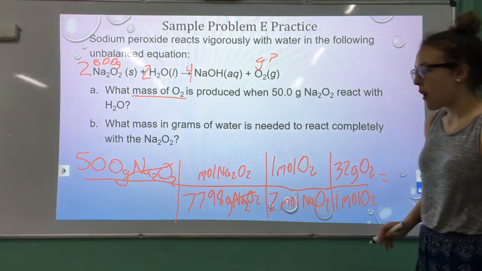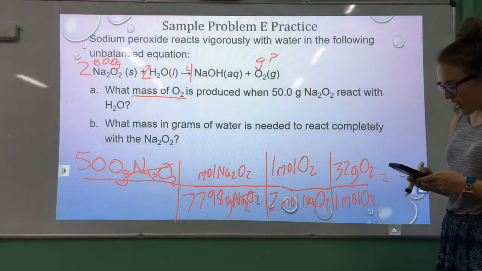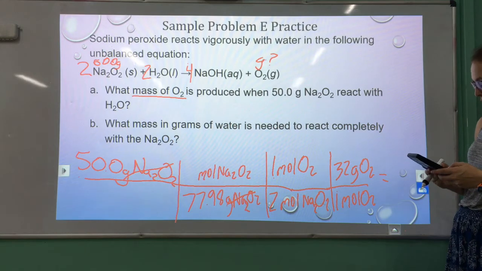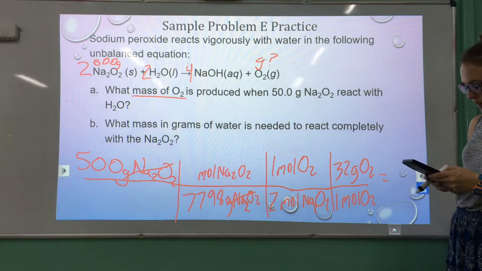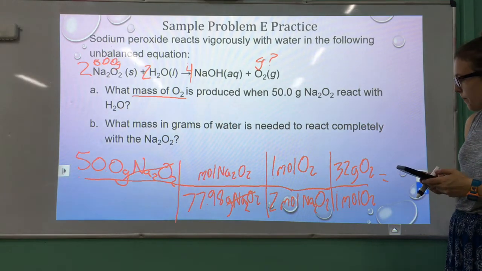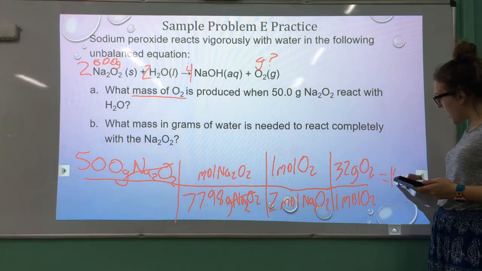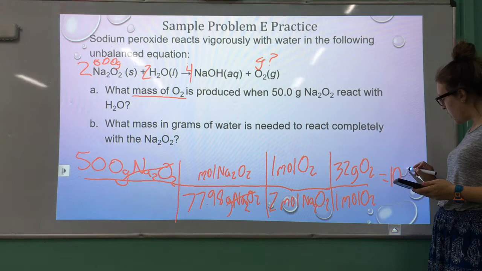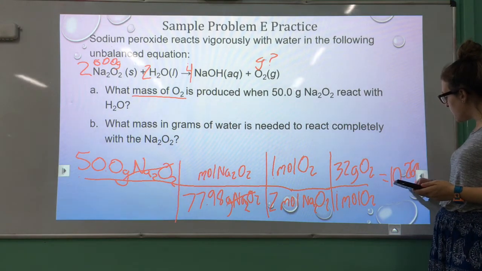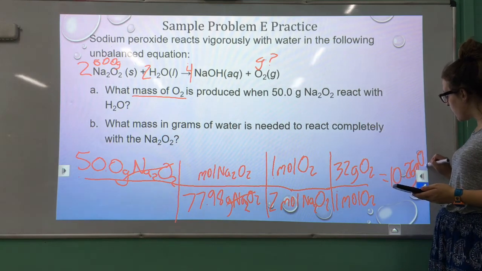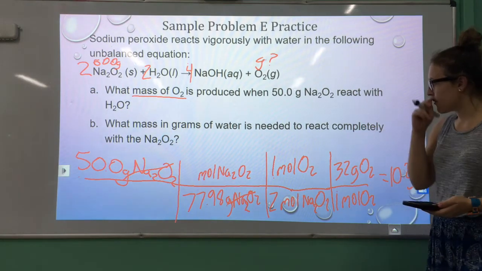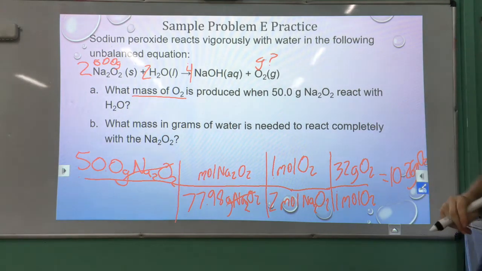And then when we calculate this out, we get 50 times 32 divided by 77.98 times 2, giving us 10.26 grams of oxygen. So that gives us the mass.